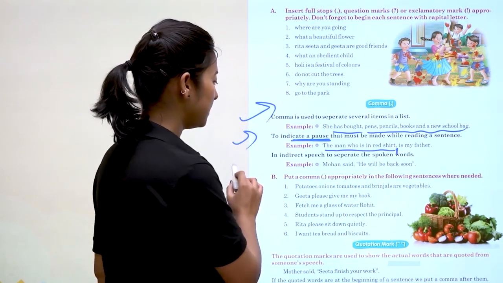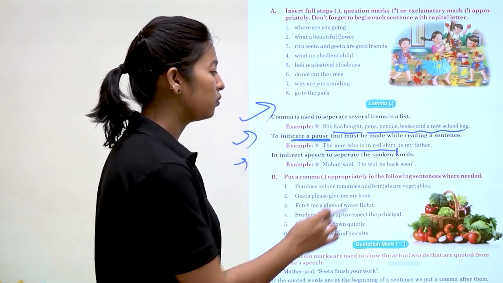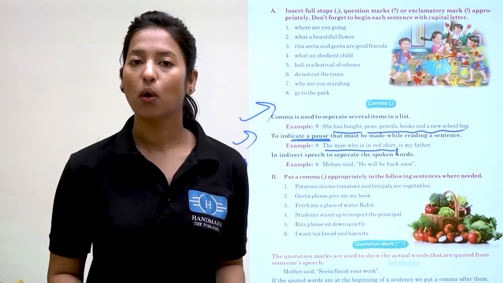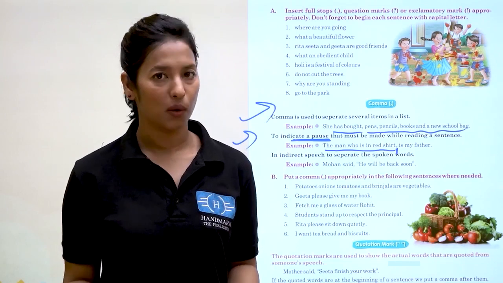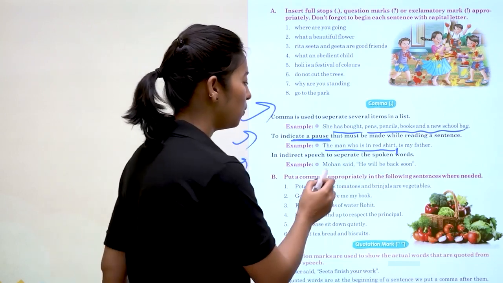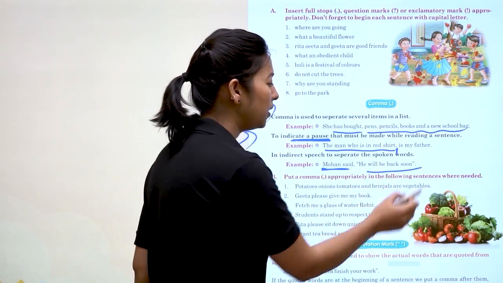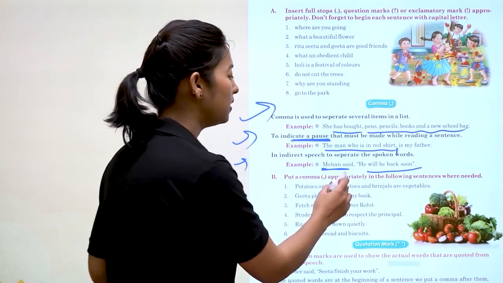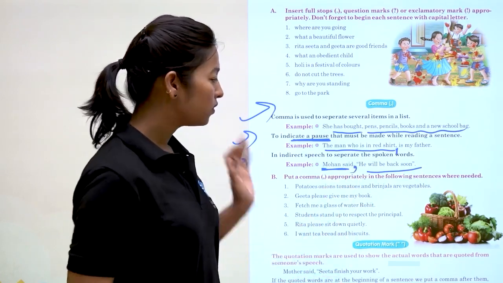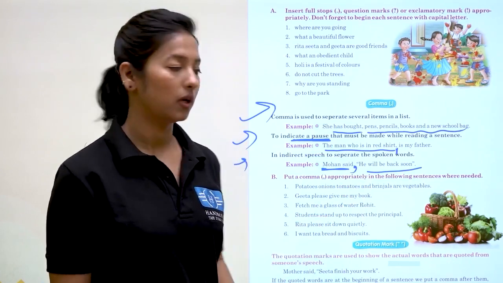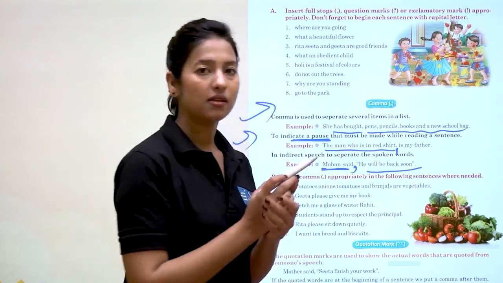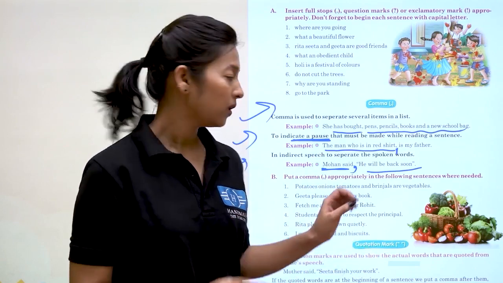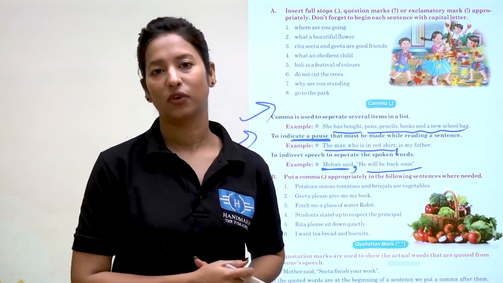The third point says in indirect speech to separate the spoken words, we use comma. For example, Mohan said, he will be back soon. So here after Mohan said we used a comma which is used to separate the spoken words. These are the spoken words and we have separated them using a comma before it.